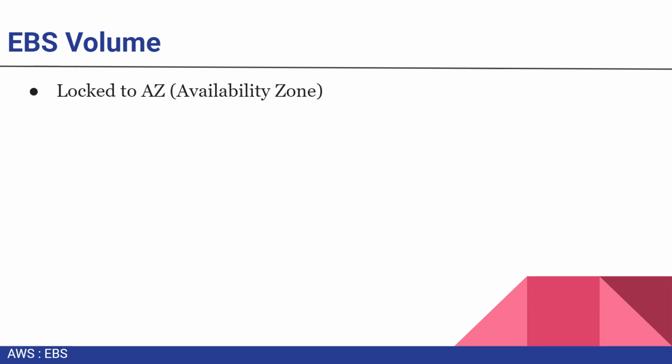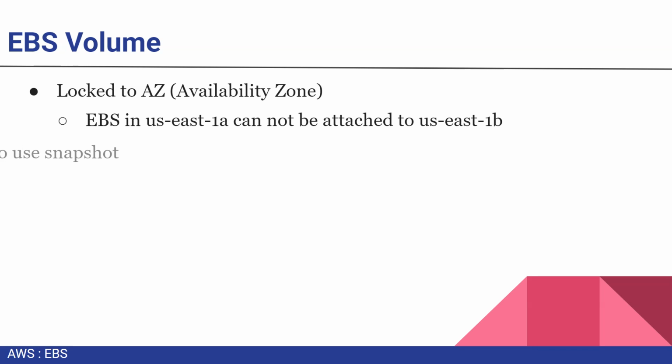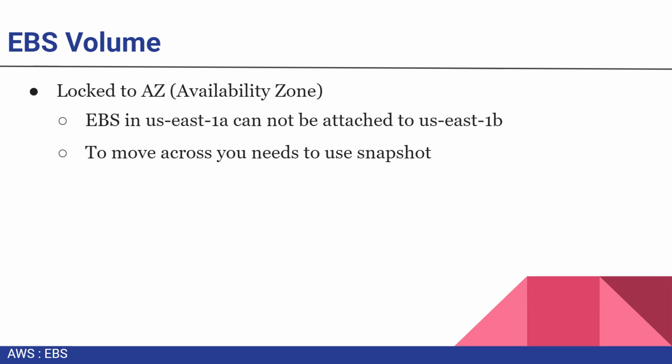Though there is a way we can do it, which we'll see in the practical session. So an EBS volume in us-east-1a cannot attach to us-east-1b. To move across, you need a snapshot. You can create a snapshot, then create an image, and move it to another availability zone, which we will see completely in our demo section.